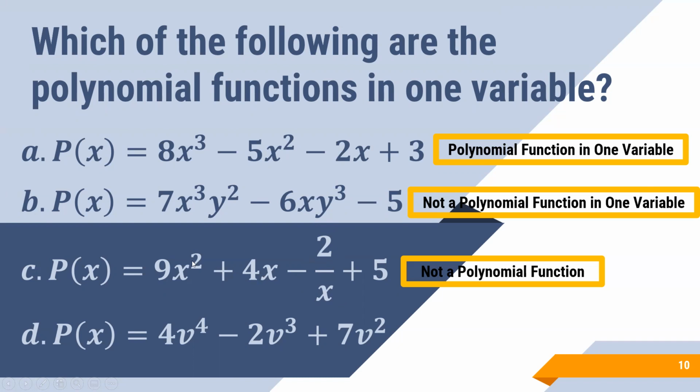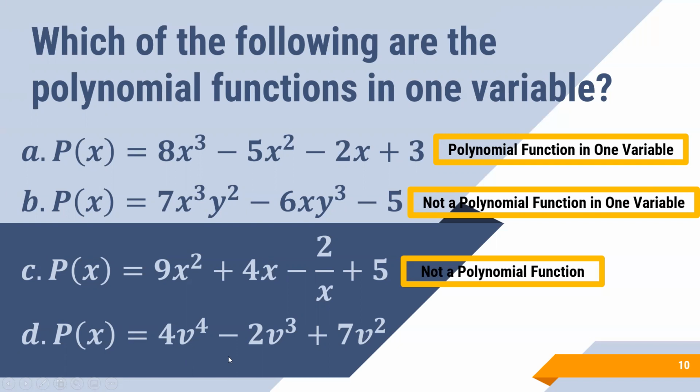Okay po. Though they are both in one variable, we need to consider this one kasi fractional siya, and at the same time yung denominator niya is may variable na x. Alright, so I hope it's clear.